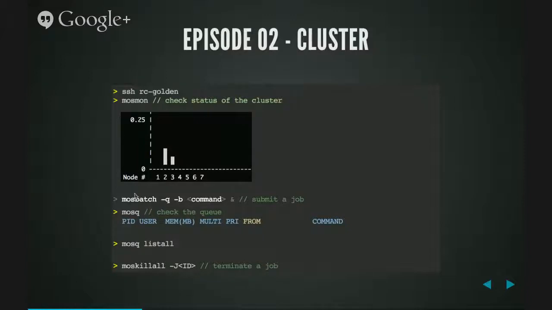You can use mosbatch to schedule a job on the cluster, and you can use mosqueue and mosqueue-listall to see the status of the queue, to know if you submit a job, whether it's going to run right now or after those 10 jobs have finished. I think that's pretty much it about the main cluster things.